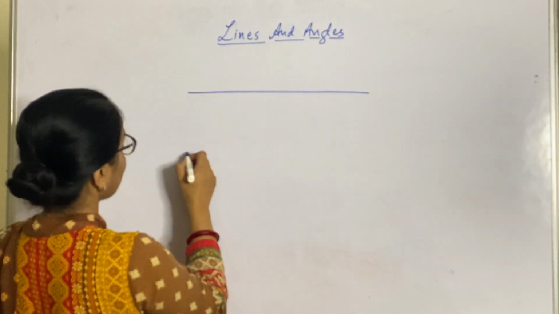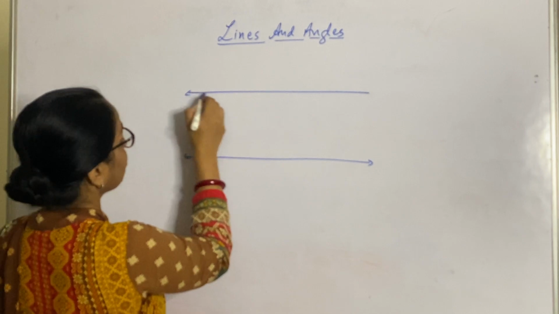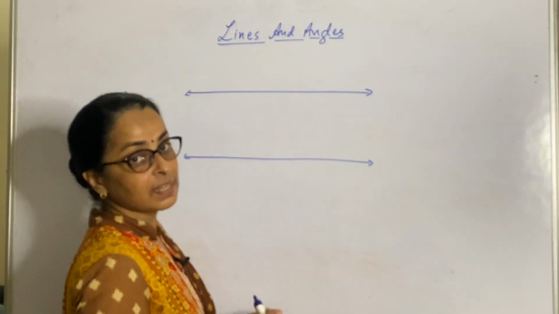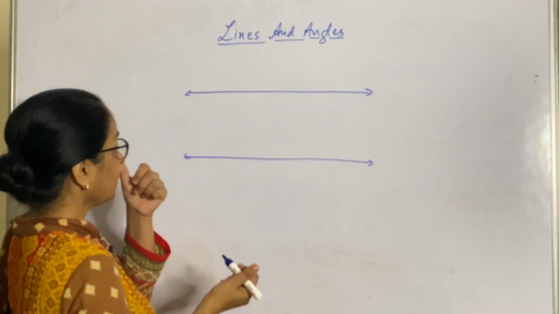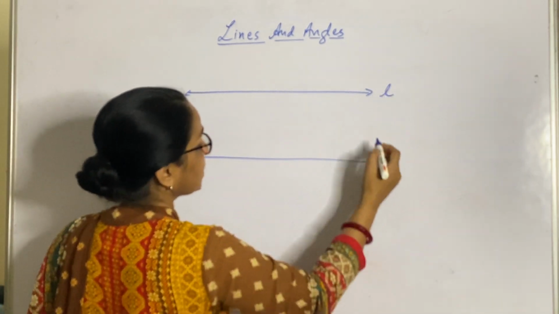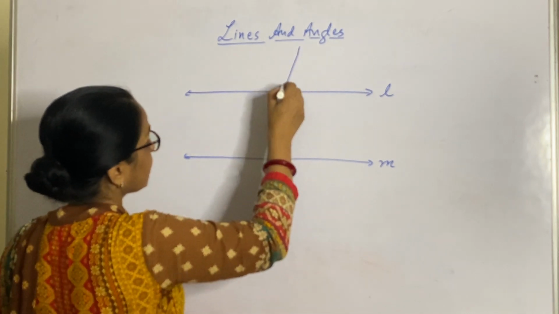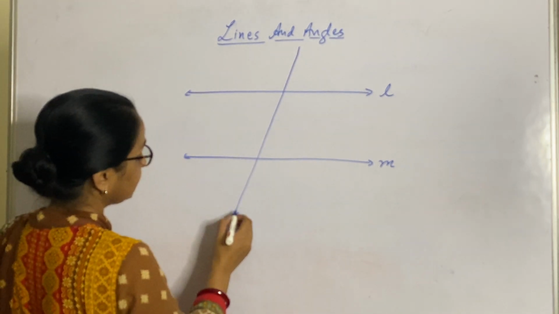So here I am drawing. These are lines, so we have to put arrows at both the ends because lines are always unending at both the ends. Let these two parallel lines be named L and M, and let them be intersected by any other line.